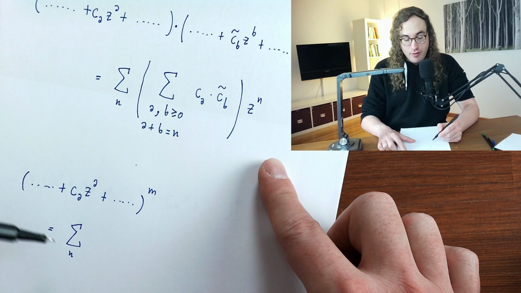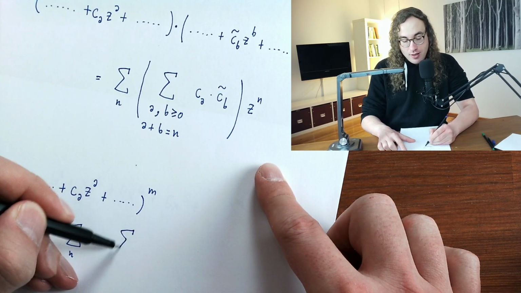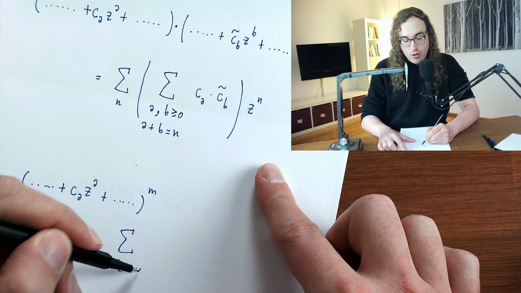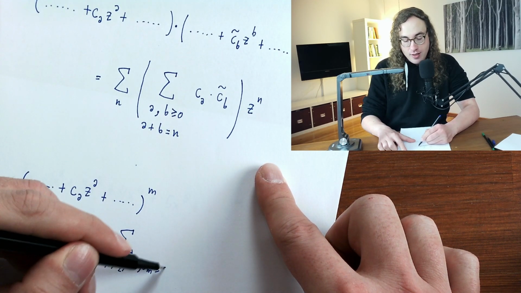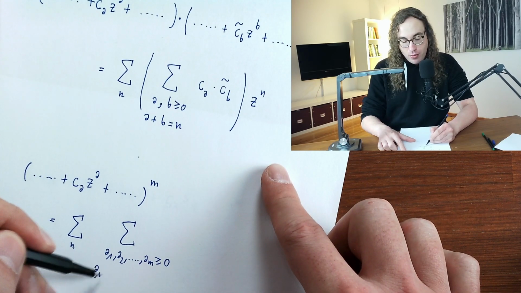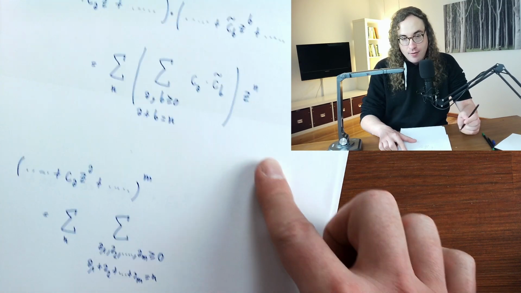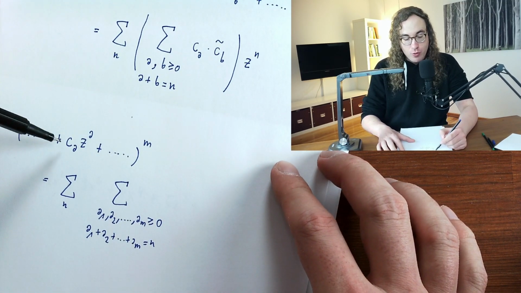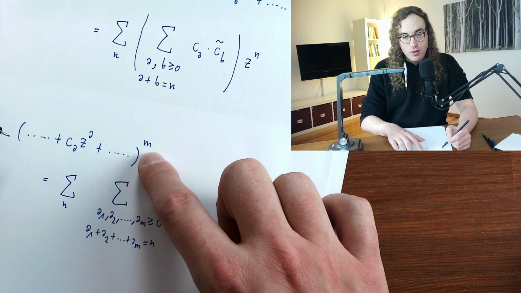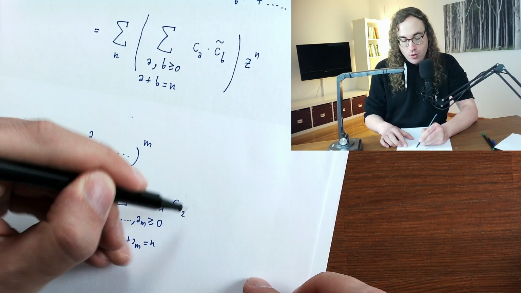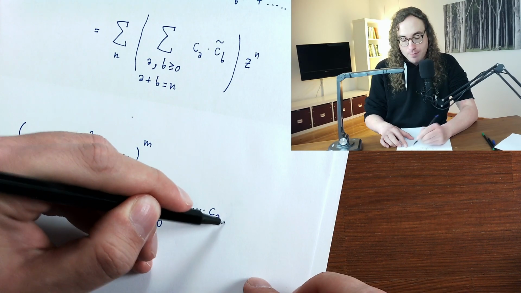I'm running through all the possible values for n, but now I get a sum over all a1, a2, and so on, am, all of these at least 0, such that a1 plus a2 plus and so on till am add up to n. And then also all the coefficients multiply, and because I just considered a power here, they're all the same. So I get c_a1 times c_a2 times and so on times c_am.